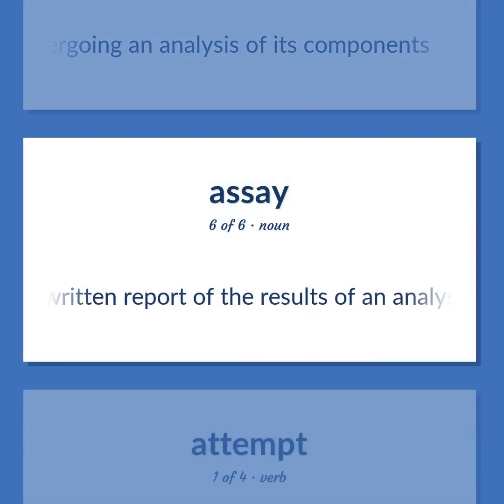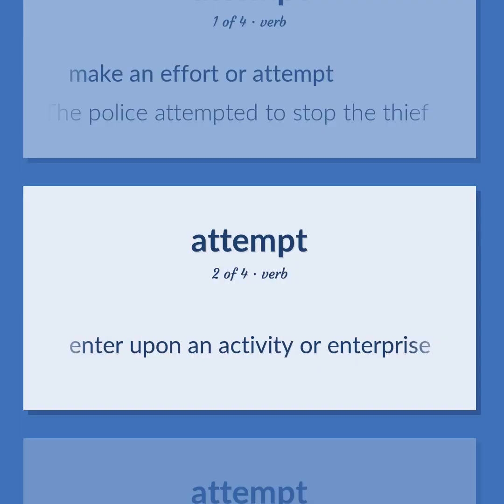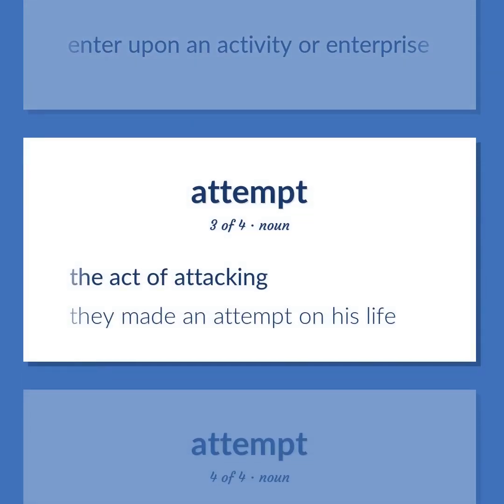A written report of the results of an analysis of the composition of some substance. Make an effort or attempt. The police attempted to stop the thief. Enter upon an activity or enterprise. The act of attacking. They made an attempt on his life.